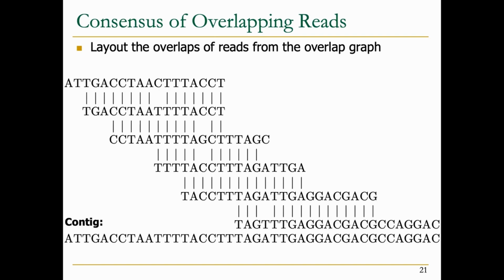And when you do the layout, it maybe looks like this, right? For example, this is the very early node. And then there's a connection between this and this, and then this and this. So once you do the layout, it will look like this. So the question is, how do we generate the assembly from all these connections? And a very simple answer is to take the consensus.